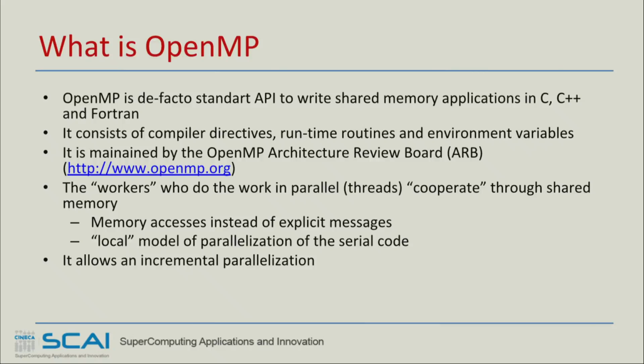So we have these different things that are altogether the OpenMP standard. Compiler directives that are meant to be put in your source code in order to say to the compiler how to make it parallel. And then there are some runtime routines and environment variables that can set up the parallel environment. So to say, for example, how many threads do you want to exploit, in which way do you want to parallelize your workload, and whatever.